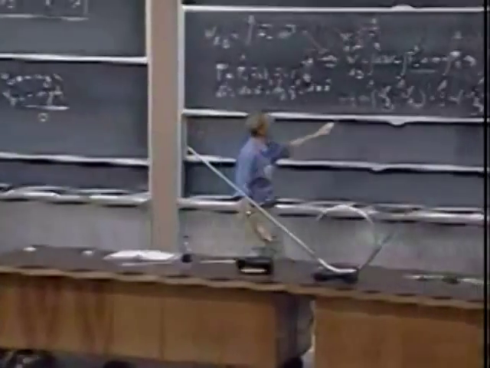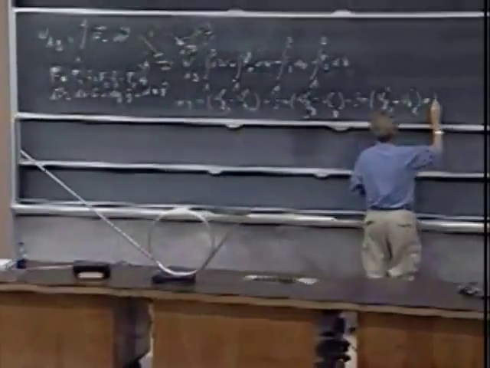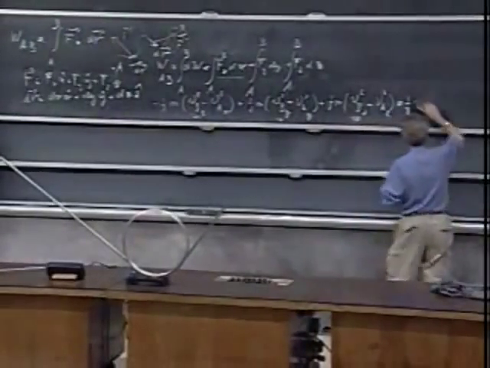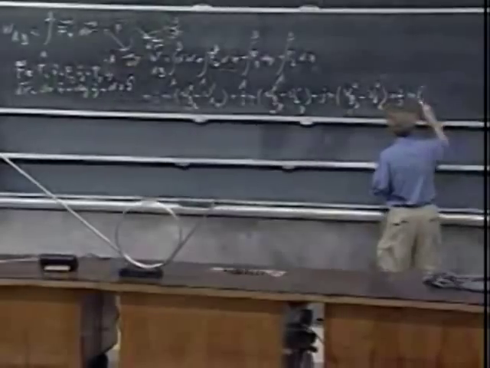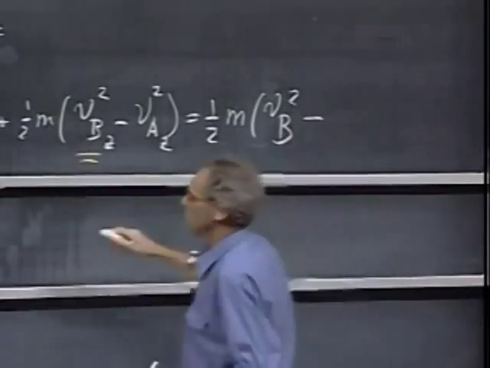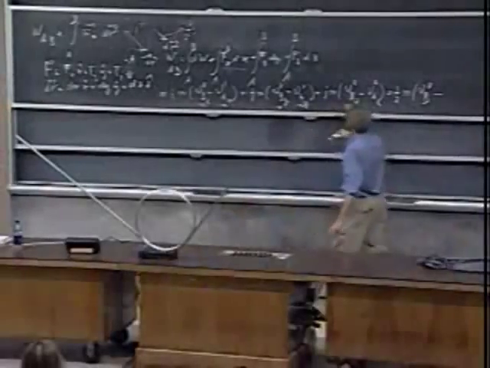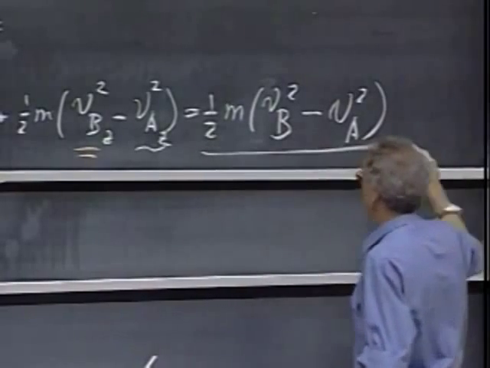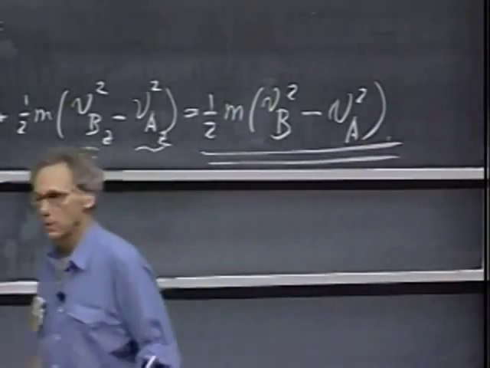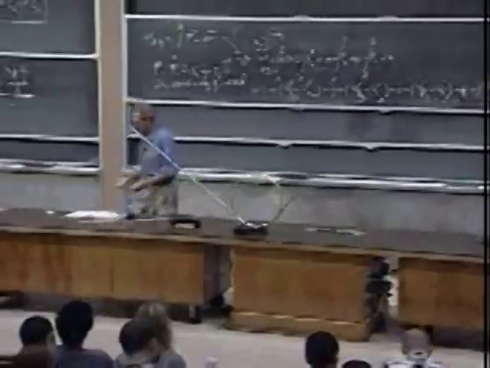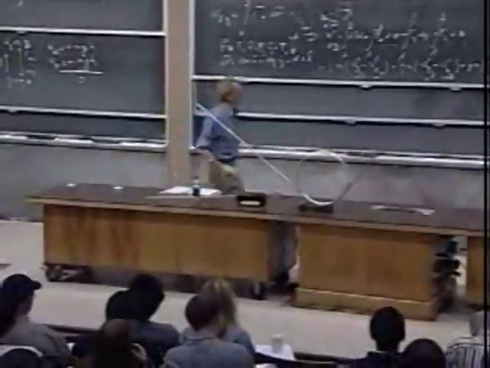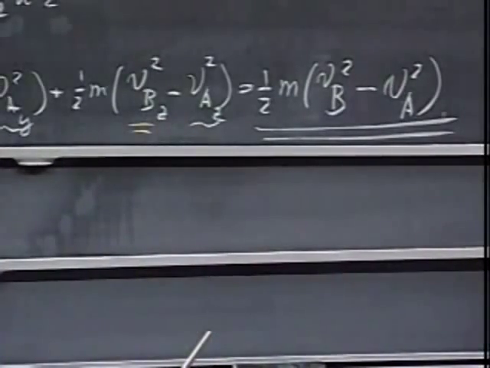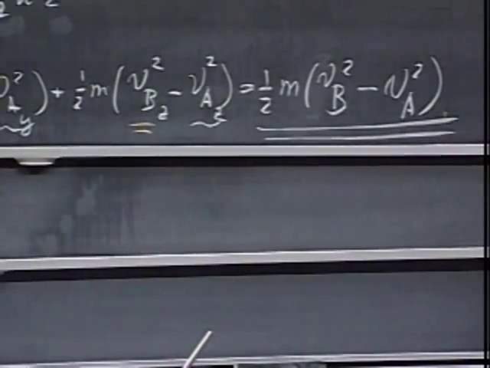So if you add up these three terms, you get vb squared, oh, I lost my m, let me put my m in there, 1/2 m times vb squared, and here you see vax squared, vay squared, vaz squared, minus va squared, and you get exactly the same result that you had before, namely that the work done is the difference in kinetic energy. You can always think of these as speeds. Velocity squared is the speed. It's the magnitude squared of the velocity.